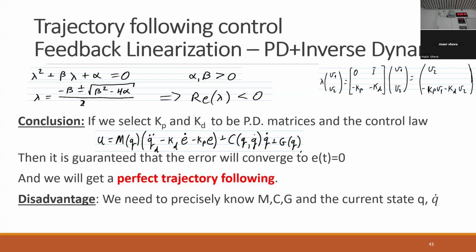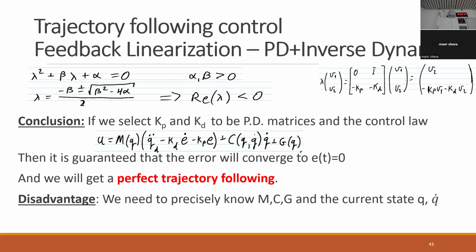But we have one major problem, major disadvantage, that the controller depends on M, C, and G. And if I don't know them perfectly, then I still have a problem because those terms will not cancel out the terms in the dynamical system.